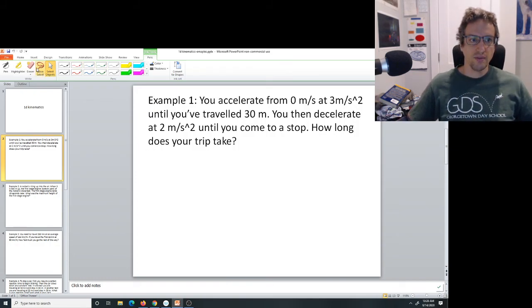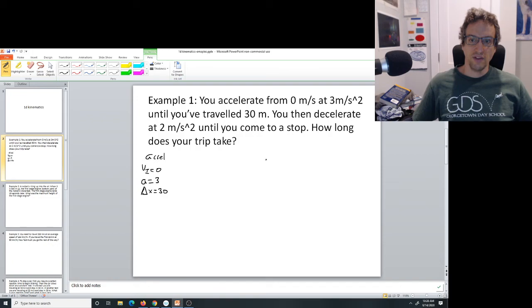So we've got this first part, the acceleration. What we know is that v initial equals 0, acceleration is 3, and change in x is 30.